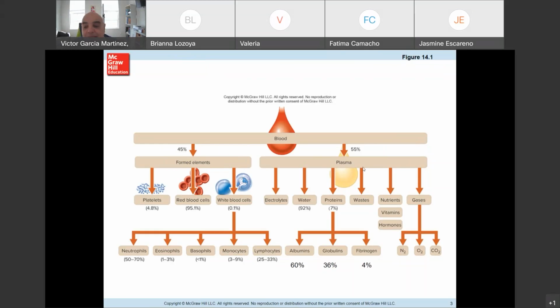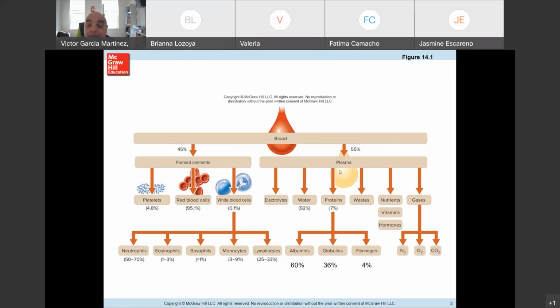Now, regarding the plasma, we have mostly water, 92% of the plasma. And electrolytes such as sodium, potassium, calcium, magnesium, and zinc are all in our plasma.